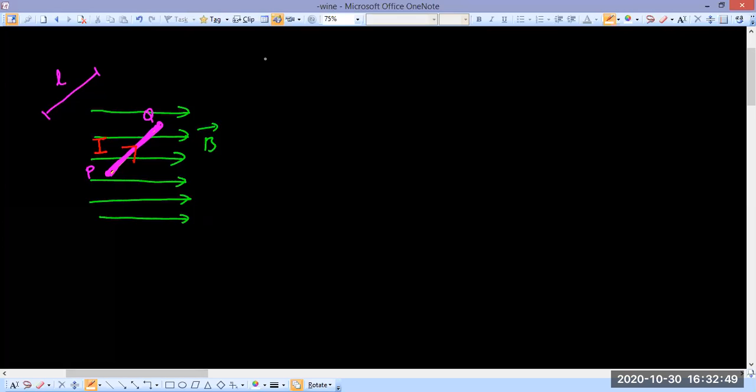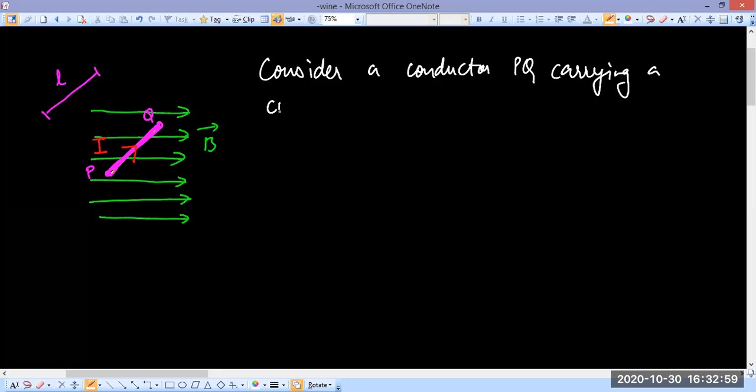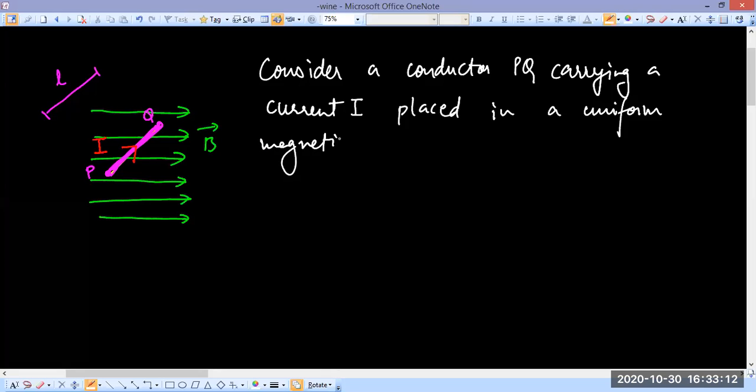So we can write it as follows now. Consider a conductor PQ carrying a current I, placed in a uniform magnetic field B vector.